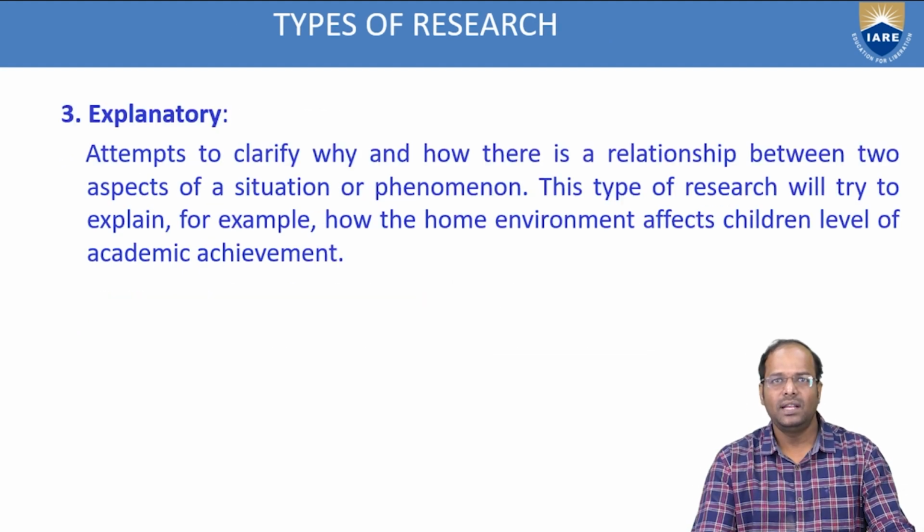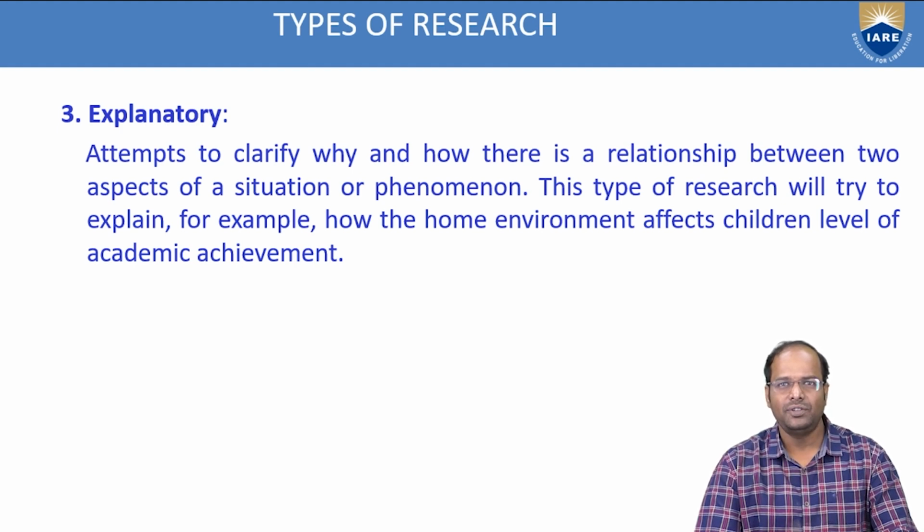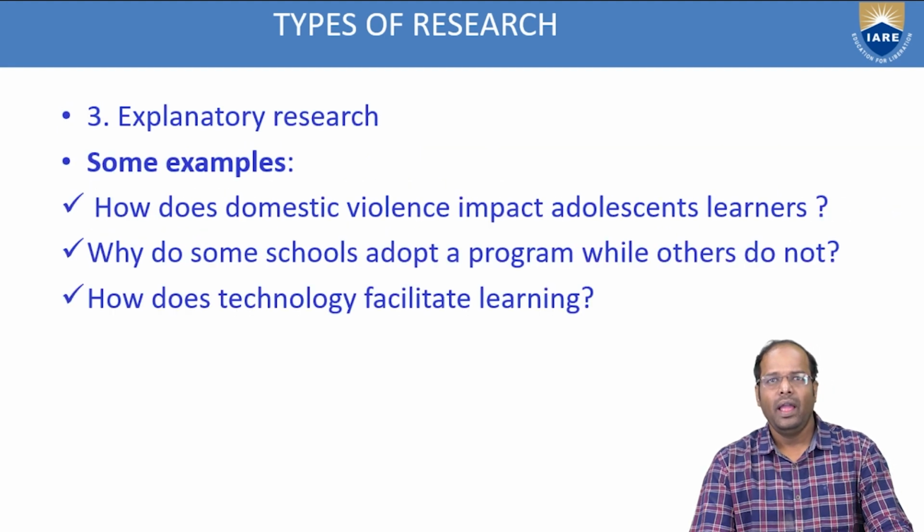The third one is explanatory research. It attempts to clarify why and how there is a relationship between two aspects of a situation or phenomenon. This type of research will try to explain, for example, how the home environment affects children's level of academic achievement.